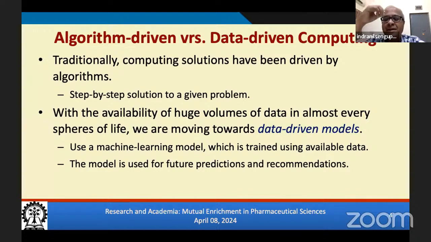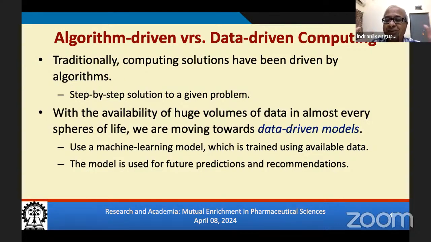Now, we have today something called a data-driven model, where we have a model of computing. Initially, the model has zero knowledge. But with this huge volume of data that we have, we try to train this model.